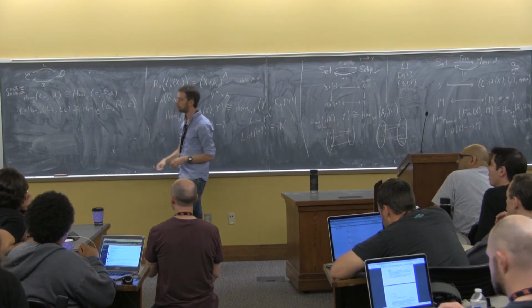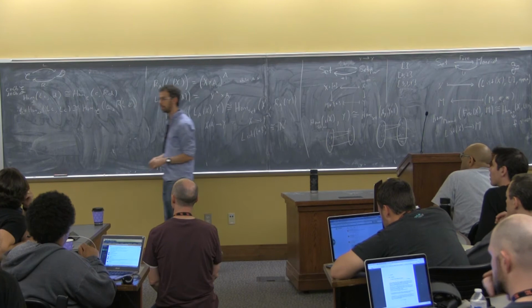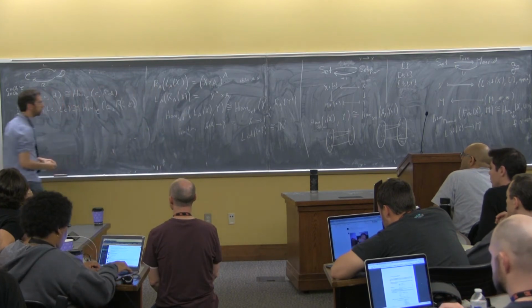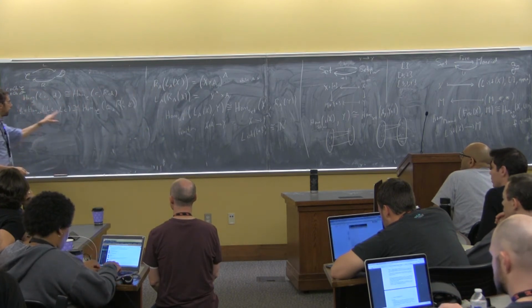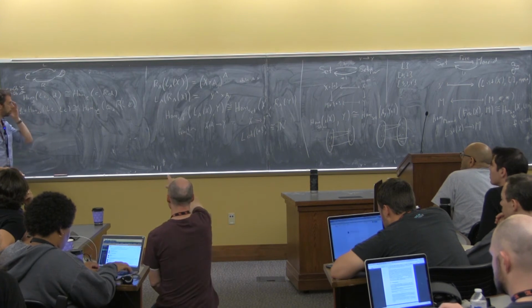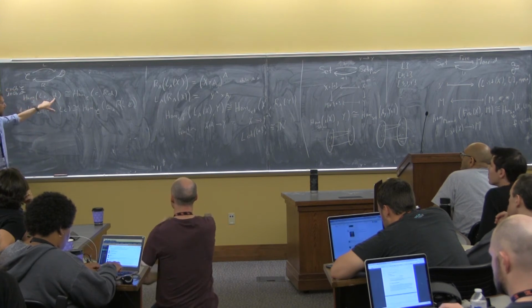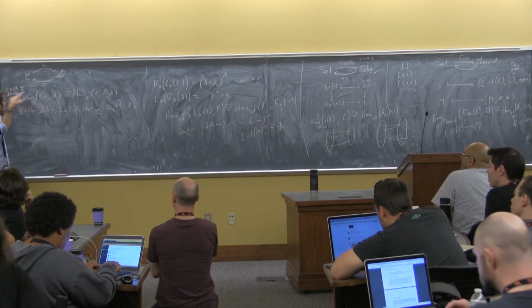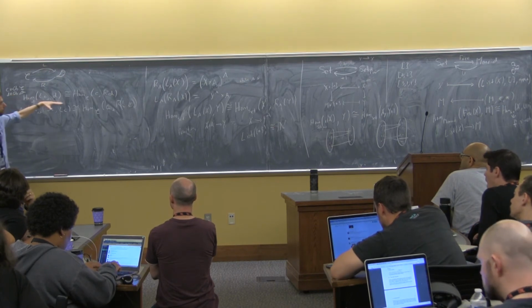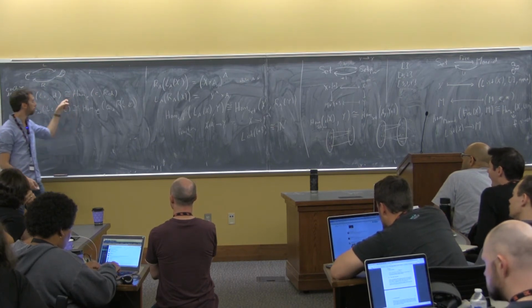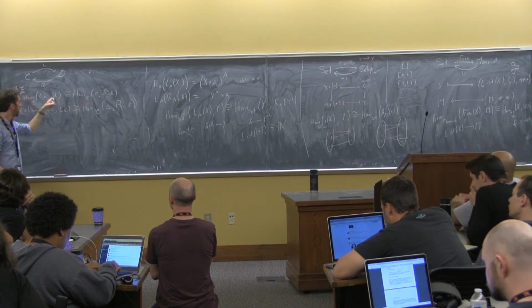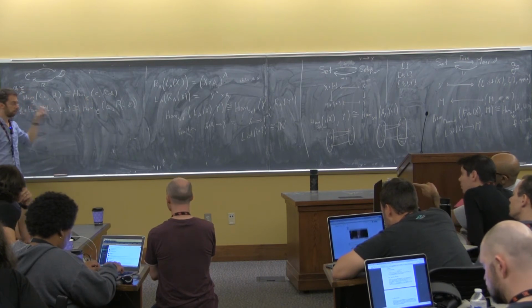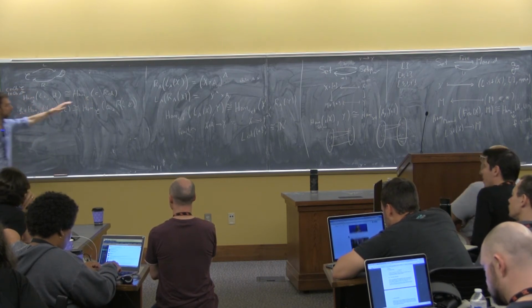I told you that for any D in D, you could plug it into this formula and get an isomorphism. The D I chose was LC. If I happen to choose this one, I get this.